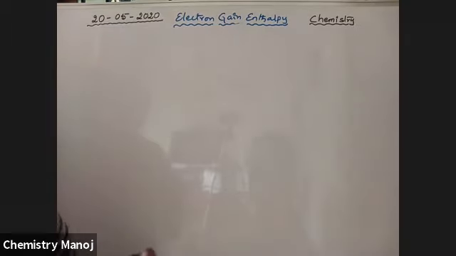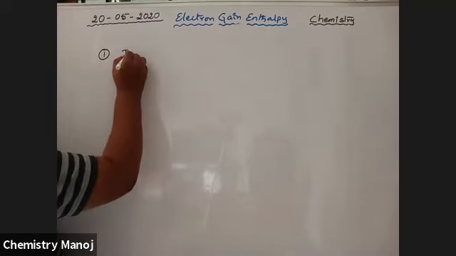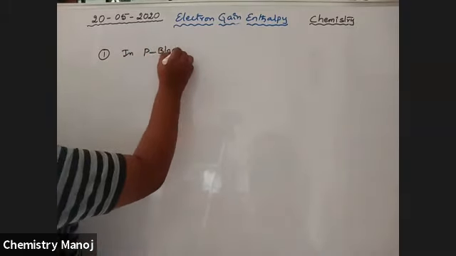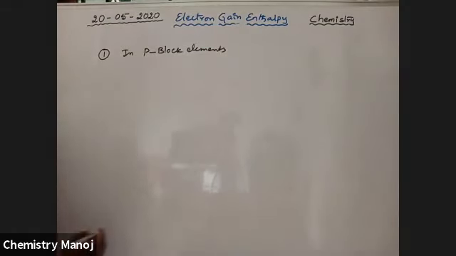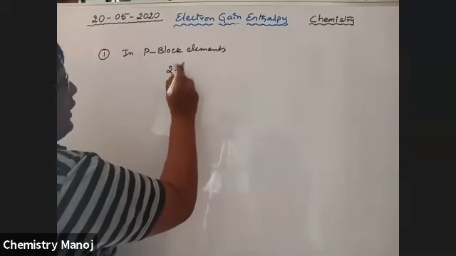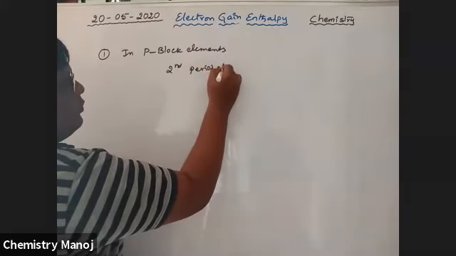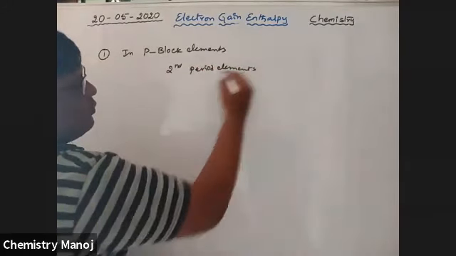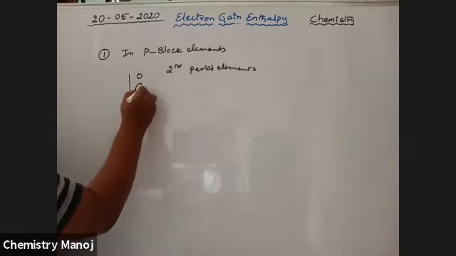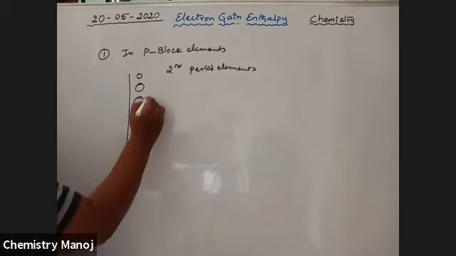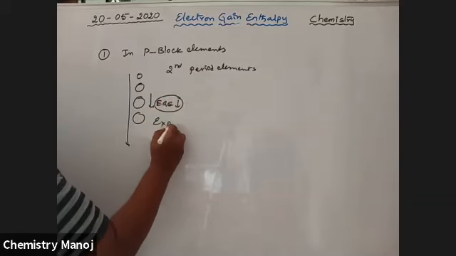First exceptional case, in p block elements, second period elements. See here, from top to bottom, size gradually increases. Therefore, electron gain enthalpy decreases. This is expected.